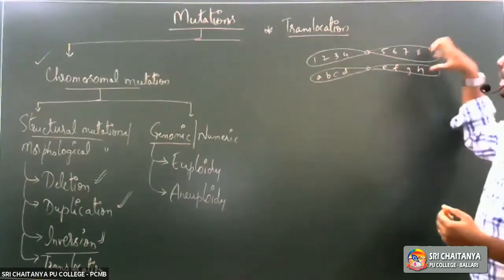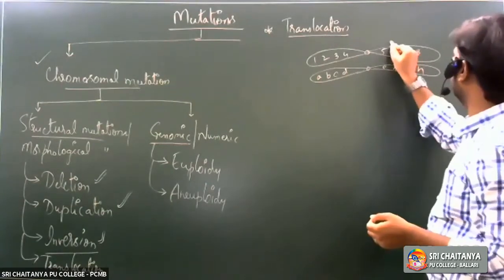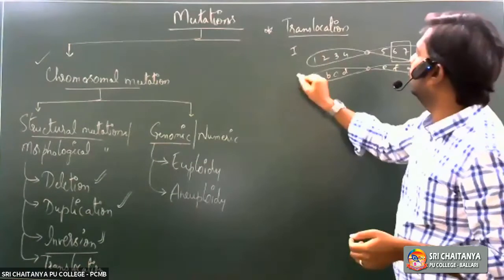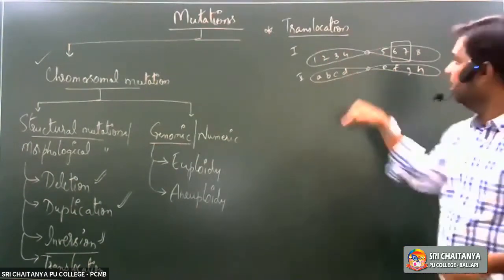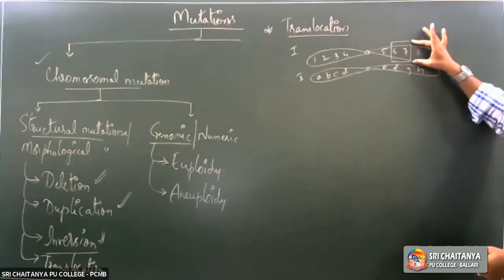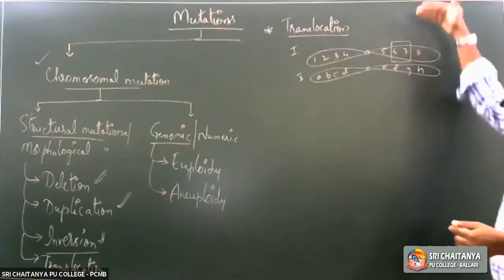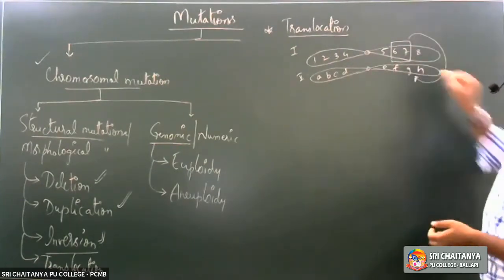Now, what exactly is happening in translocation is a part of this chromosome. Let us consider this to be chromosome number 1 and chromosome number 2. And remember, both are a homologous pair. So this particular part of chromosome number 1 would be deleted and it would be joined to this particular chromosome.